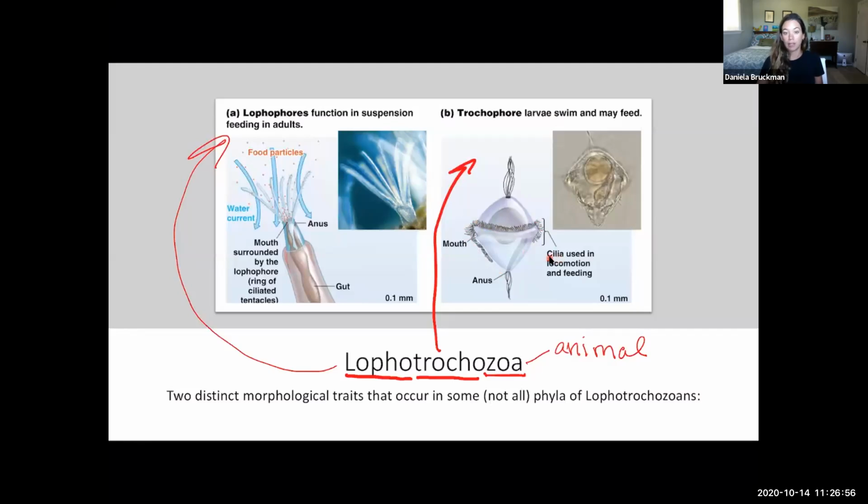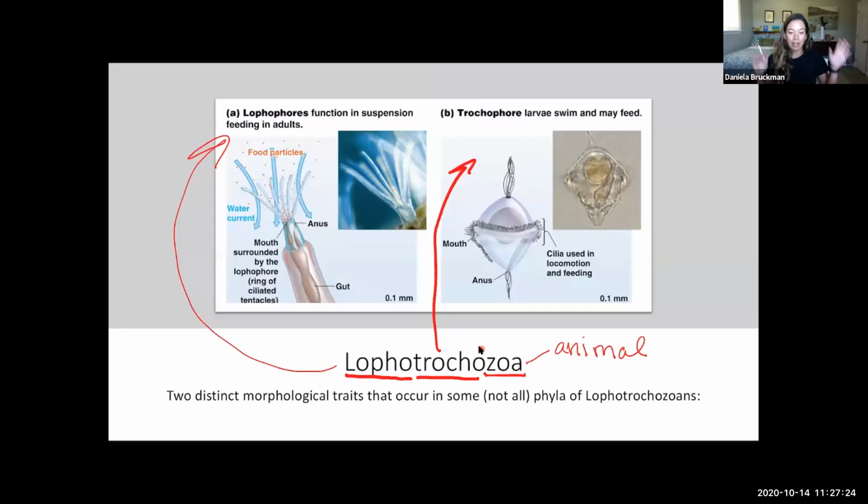Cilia, remember, are always going to be little hair-like projections, like the ciliates that we learned about way long ago. They undulate them, and that allows these animals to move around their aqueous environment. So the Lophotrochozoans are animals that have either a lophophore or a trochophore, but then there are some that don't have these.